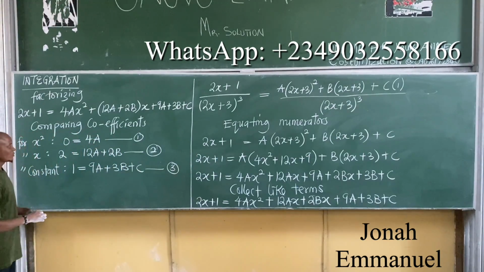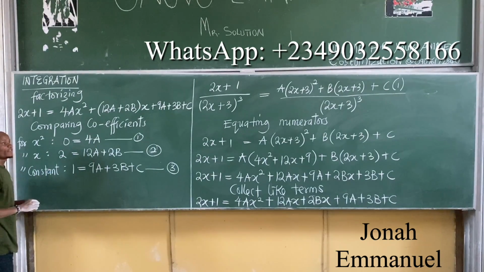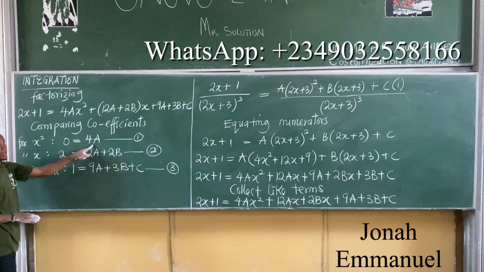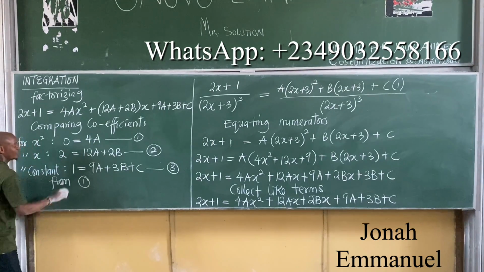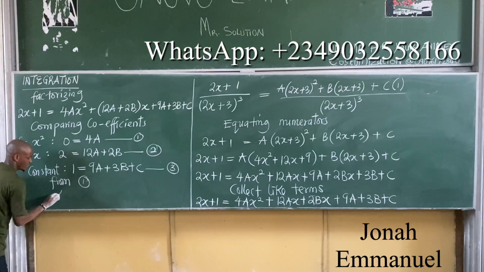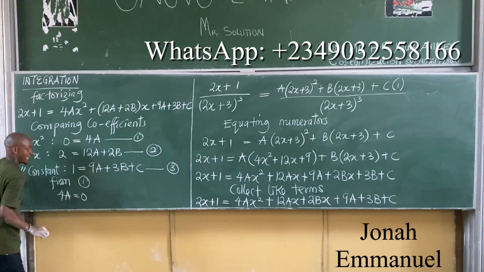Alright, from 1 to 3, start solving them one by one. Obviously the first one I can solve is for a. From equation 1, you have that 4a is equal to 0.